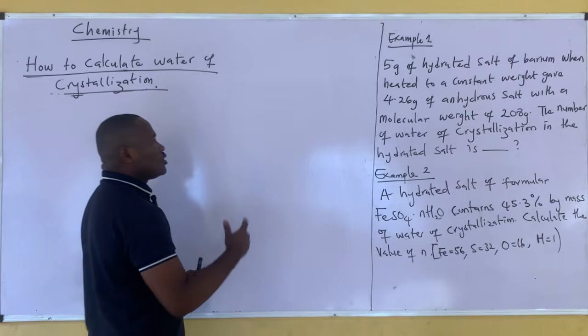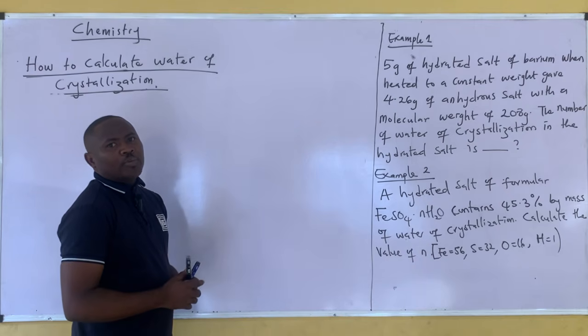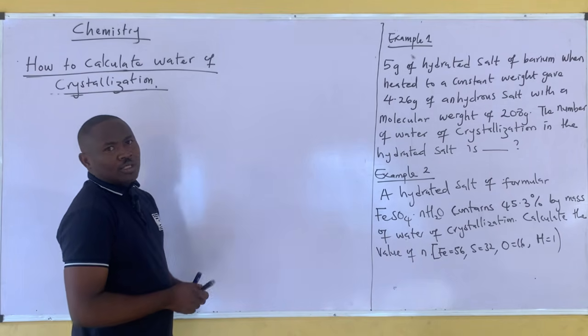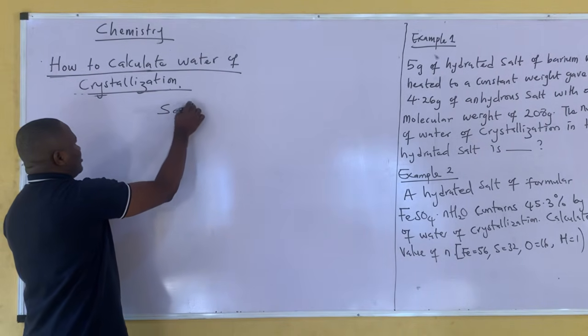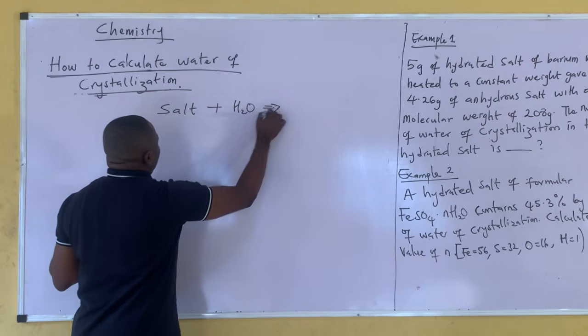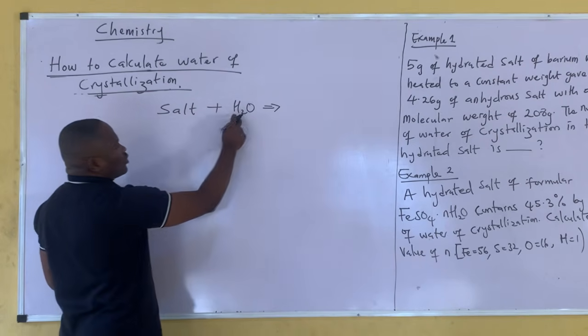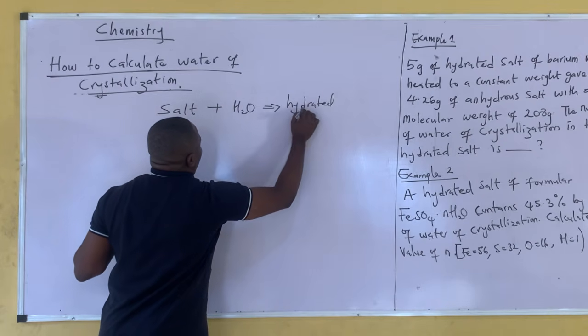What is that way? Let's use the same concept we used for calculating empirical formula to solve these questions. Now remember, an anhydrous salt plus water molecules will give us hydrated salt.